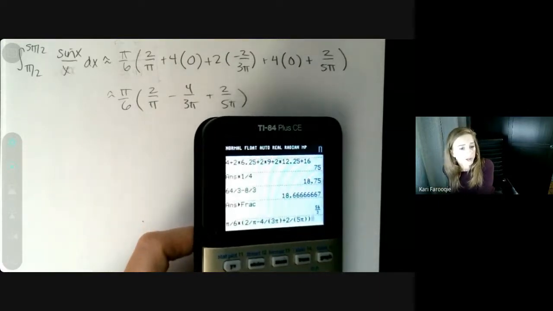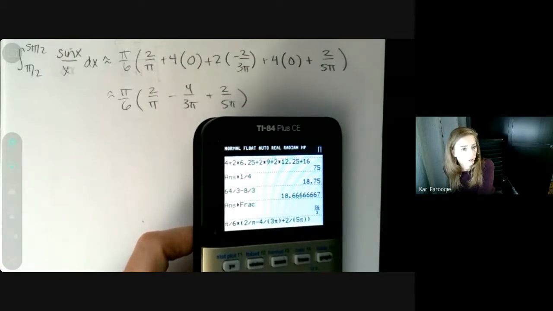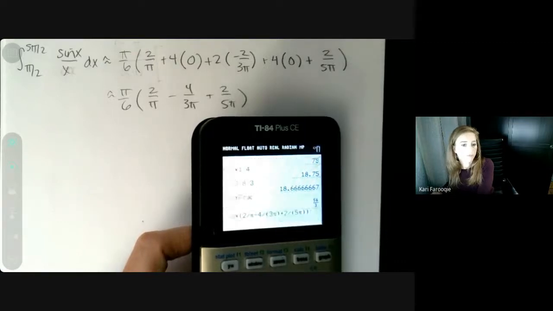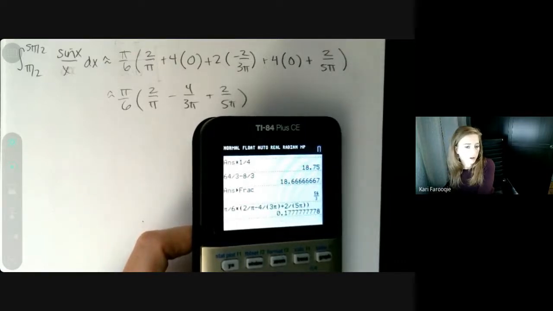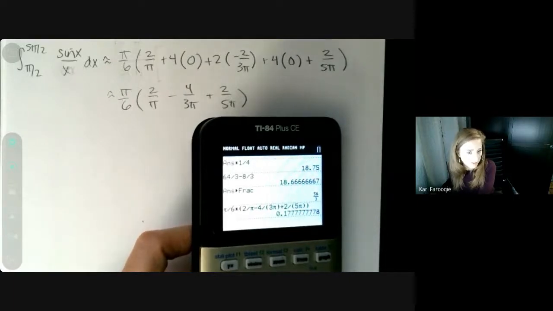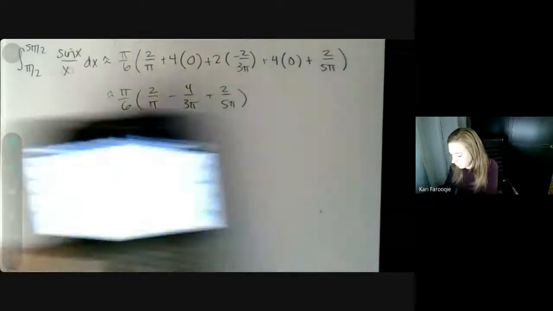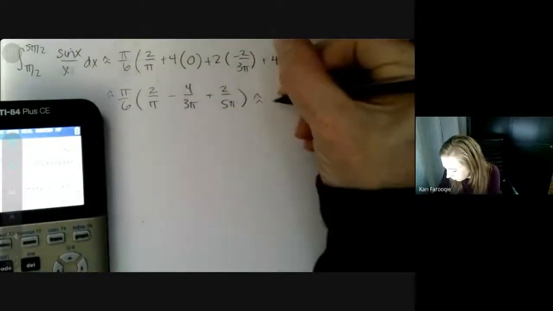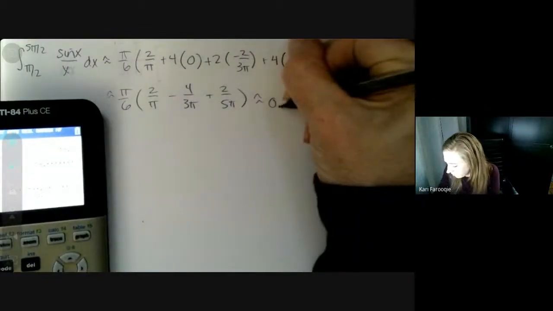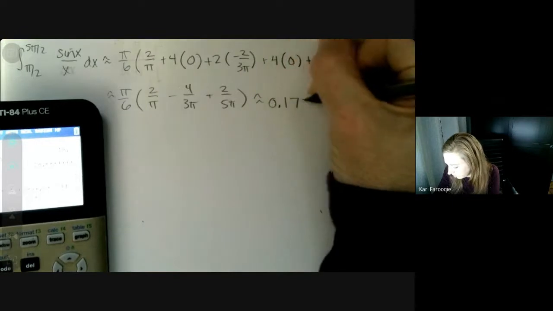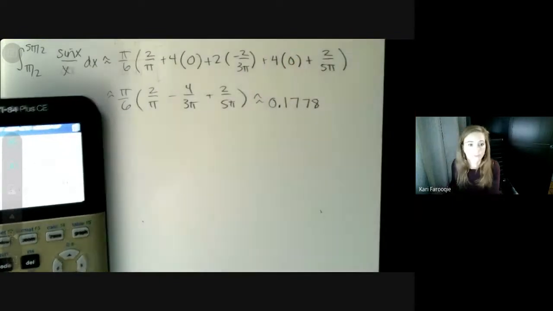This is what it should look like in your calculator. 2 over pi minus 4 divided by the quantity 3 pi plus 2 divided by the quantity 5 pi. And you're going to get an approximation of 0.17. Technically, it's going to be 0.17 repeating. If you are asked to approximate this to 4 decimal places, it'll be 0.1778.